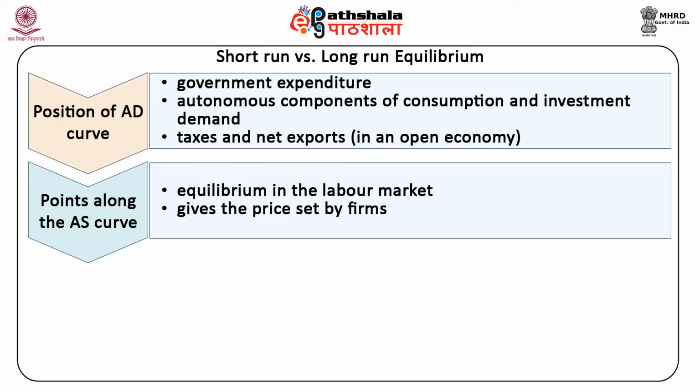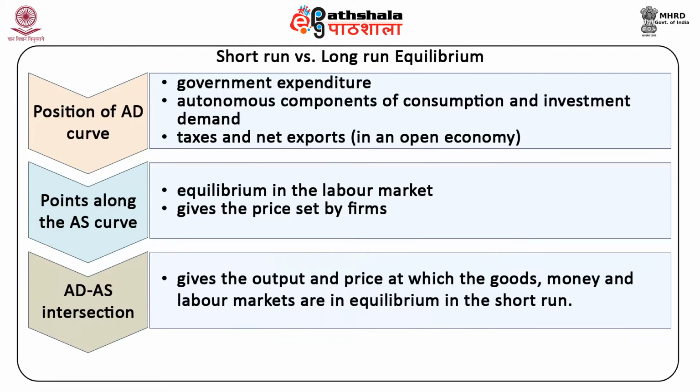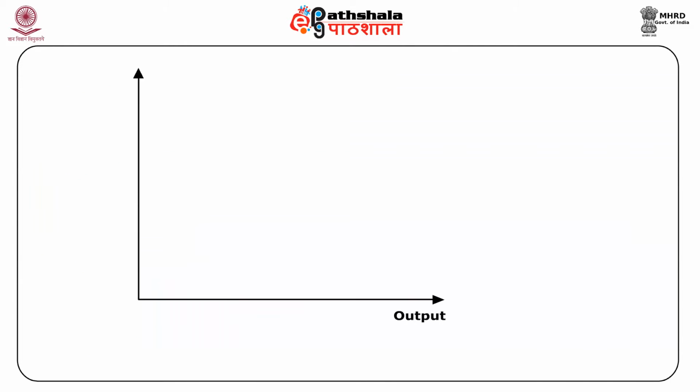The point of intersection of AD and AS curves gives the output and price at which the goods, money and labor markets are in equilibrium in the short run. You may note there is no reason why the short run equilibrium should occur at the natural level of output Yn.